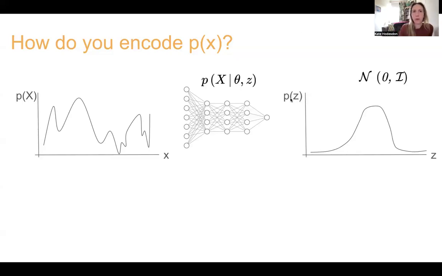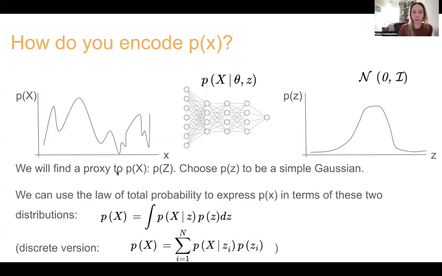Okay, so for our proxy, P of Z, we can relate it back to our original data distribution via the law of total probability. The law of total probability just tells us that the probability of X is the probability of X given Z times the probability of Z for all Z. So for discrete Z, you can just consider summing over all the possible Zs from Z1 to Zn.